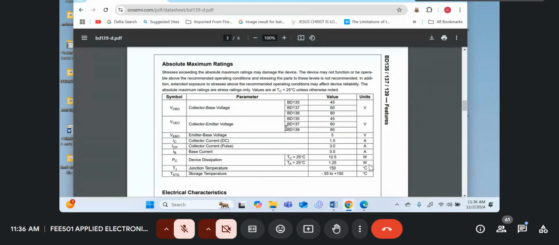So if you don't take care of the heat sinking, for example here, this is what is known as the thermal resistance.